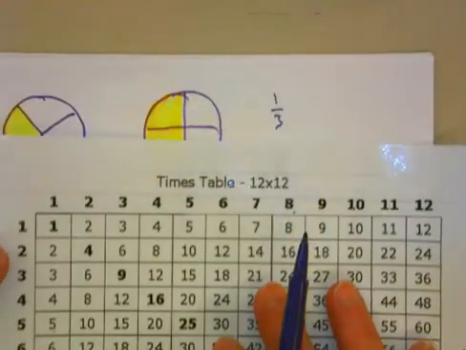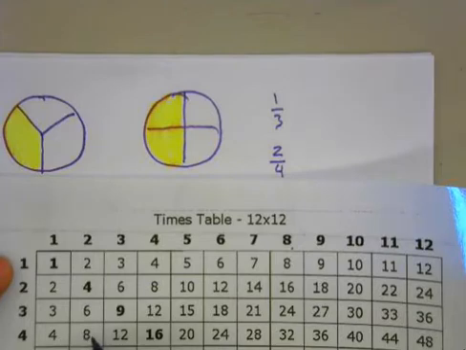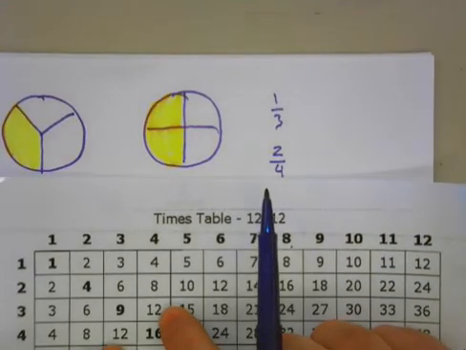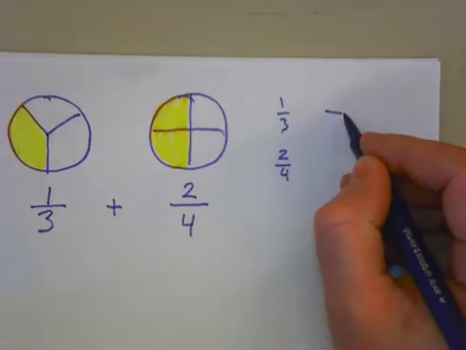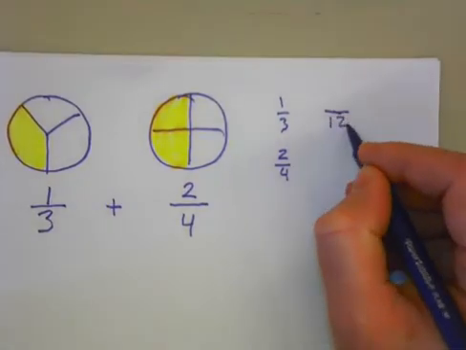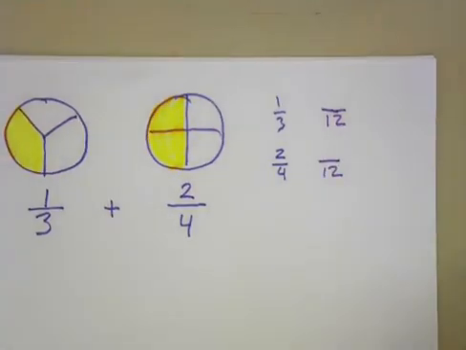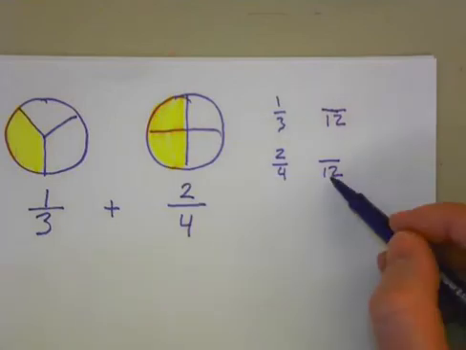And then we would look at the other denominator, 4, 8, 12, 16. And we see that the lowest common denominator is 12. So we're going to convert those into a fraction with a denominator of 12, because this is the breaking up of these pieces here to make 12 pieces.